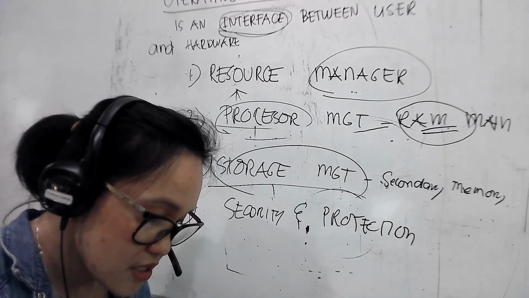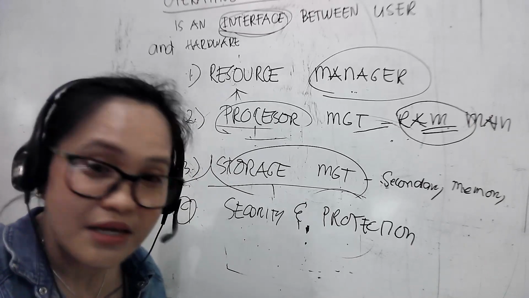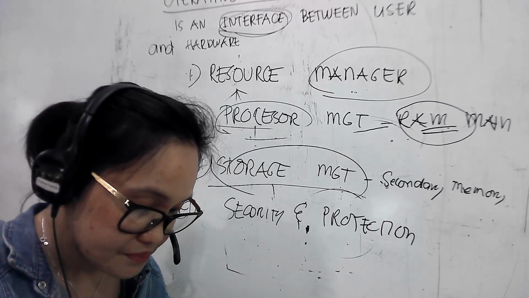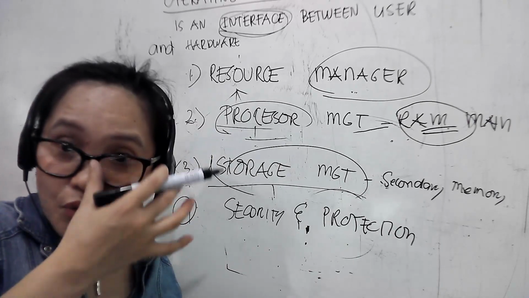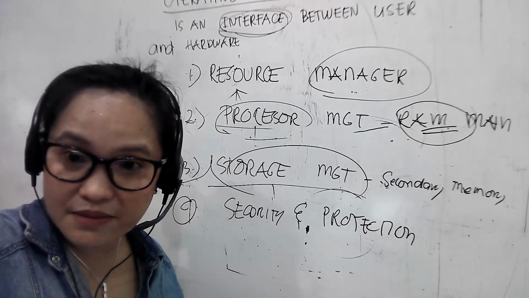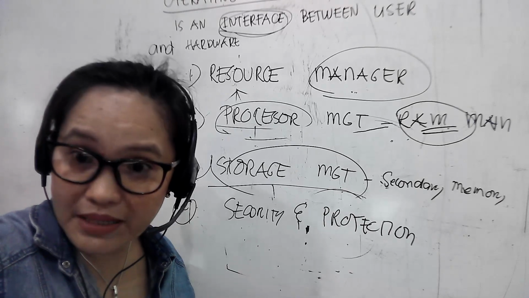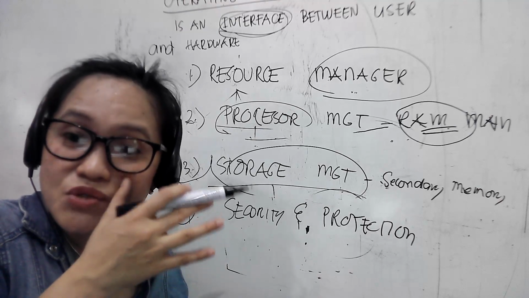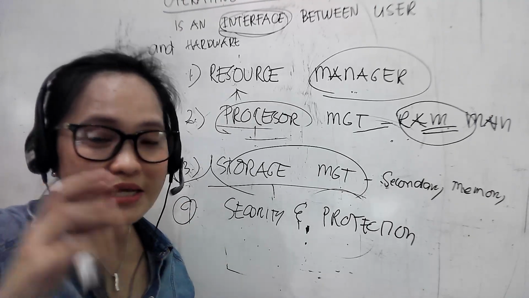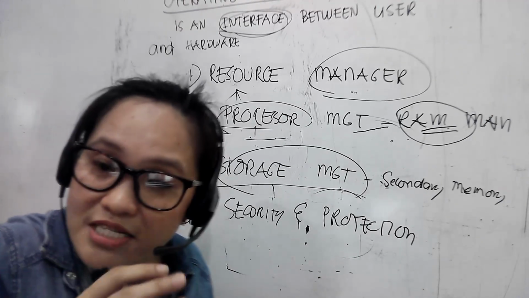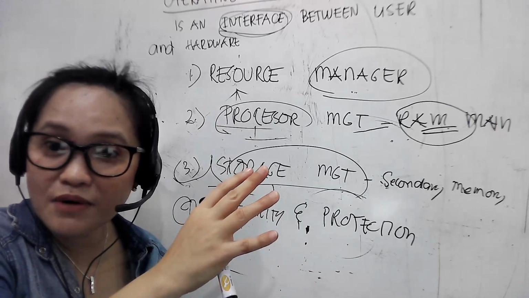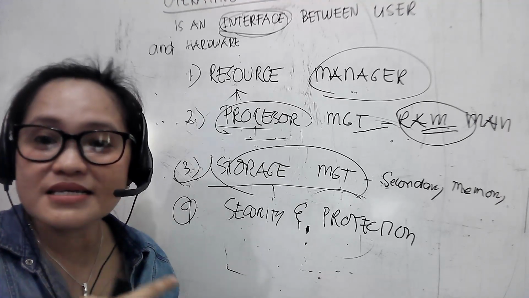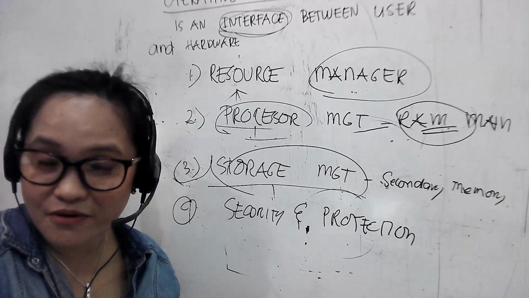So when you say security and protection, if your system is protected by a password, you are tasked to open your computer using the correct password. If the password matches the one that you set, the operating system allows you to use the computer.